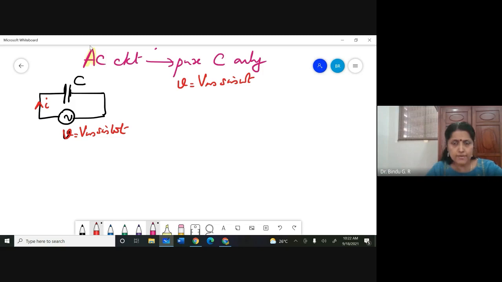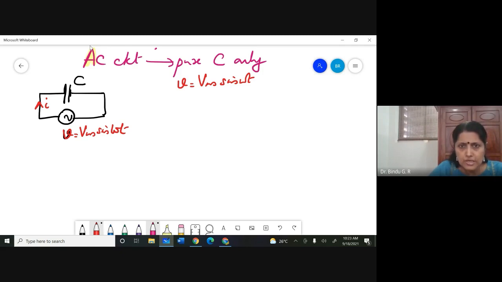V is equal to L di by dt. That was the equation relevant for an inductance. In the case of a resistance circuit, we used Ohm's law, V is equal to IR, to find out I, I is equal to V by R. Similarly, we have to find the relevant equation by which we can get the equation for I here.